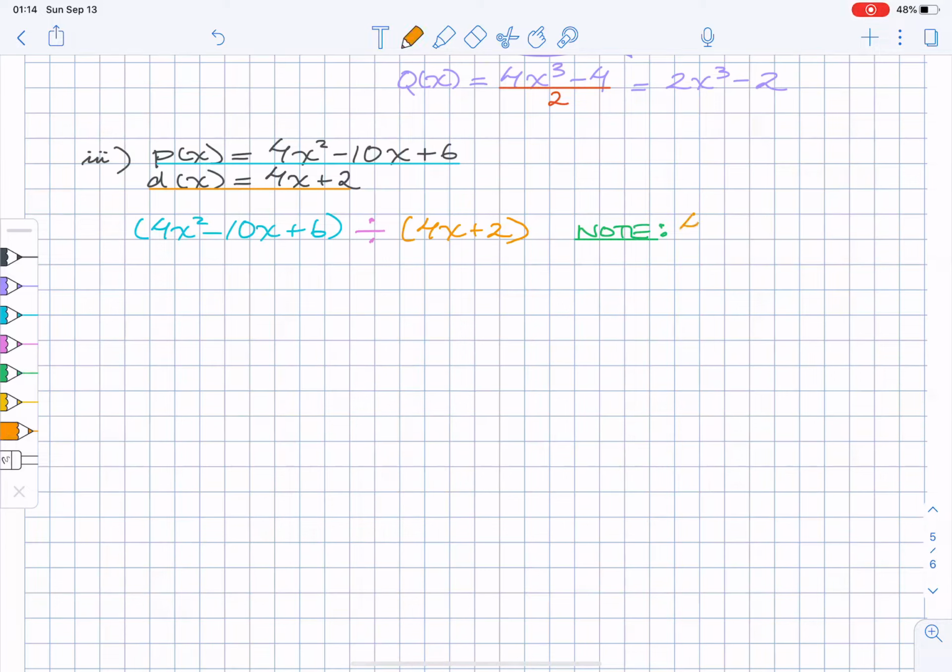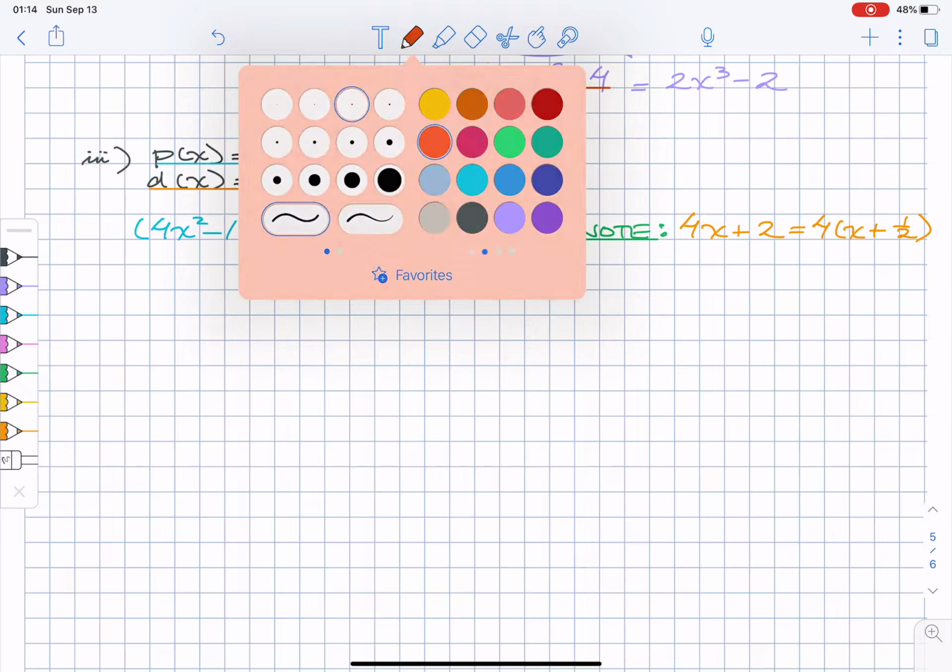So 4x plus 2 is really 4 times the quantity x plus 1/2. Okay? So if we know that, that is going to help us later on when we use synthetic division.